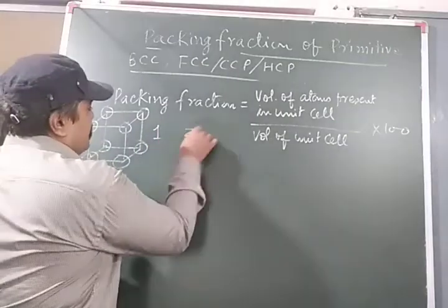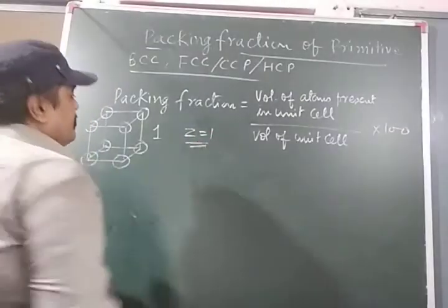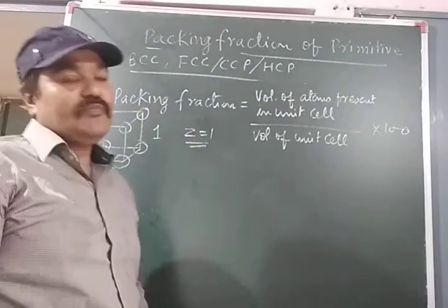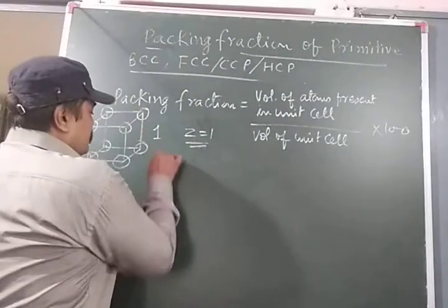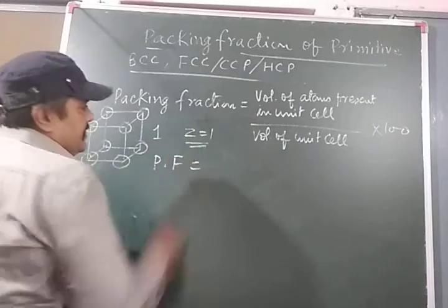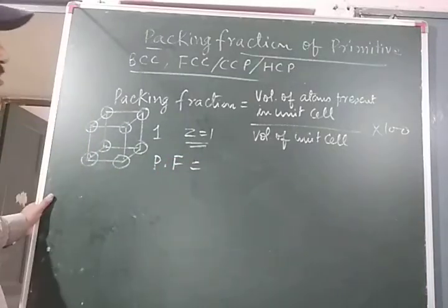Or we can say the value of Z is 1 for the primitive unit cell. So the packing fraction PF is equal to the volume of atoms present in unit cell.